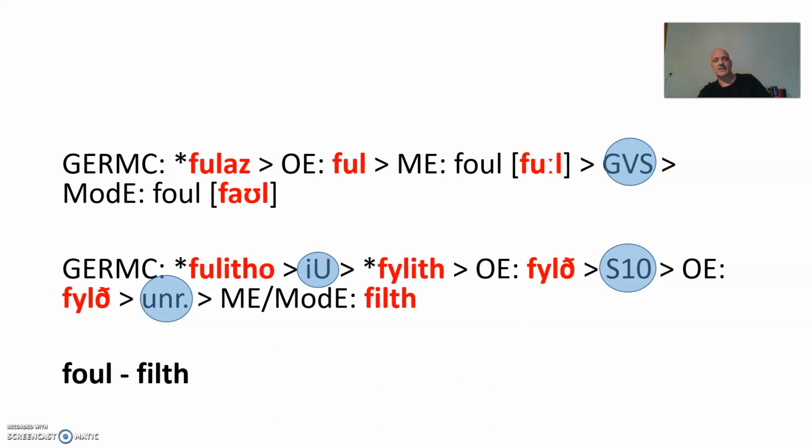We learned that. So filth is shortened and then unrounded into filth. So you have an i-mutation here, and the shortening of the 10th century, and plus the unrounding, responsible for the modern pronunciation and the spelling. Foul and filth.